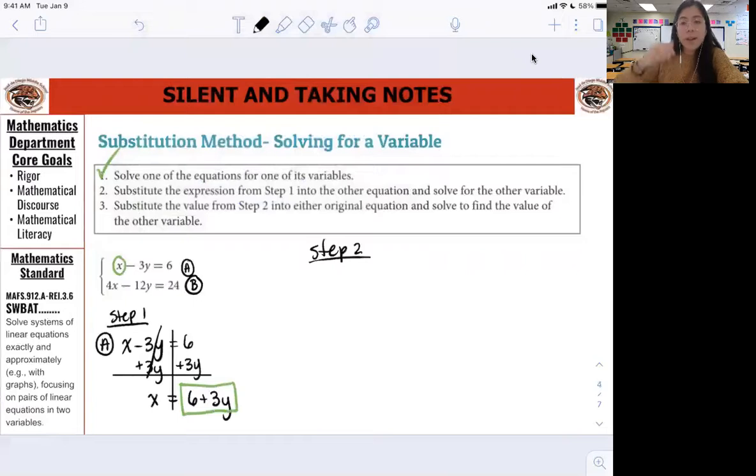Step 2, I'm going to take my answer from equation A and plug it into equation B. And in this case, I'm plugging it in for x. So I'm going to write down equation B. Okay, and I'm going to plug in my values for x.